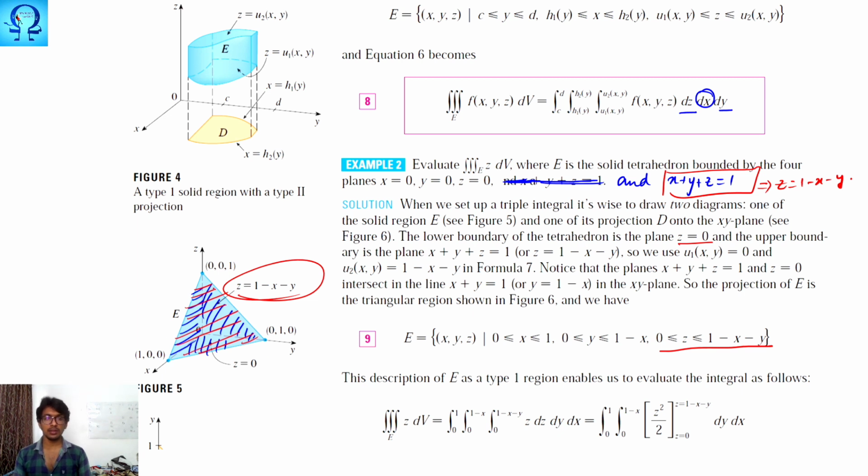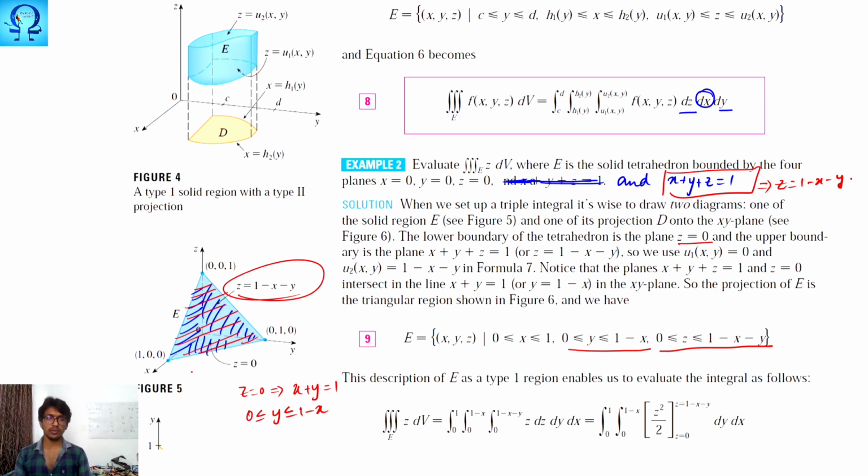Now you project this into the xy plane. You make z equal to 0, which tells you that x plus y equals 1. Your y is also varying from 0 to what? 1 minus x. That is the second thing.